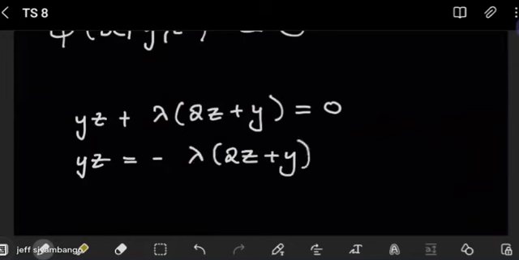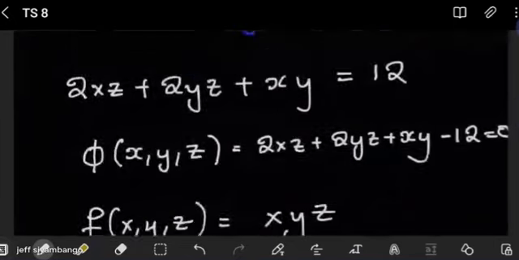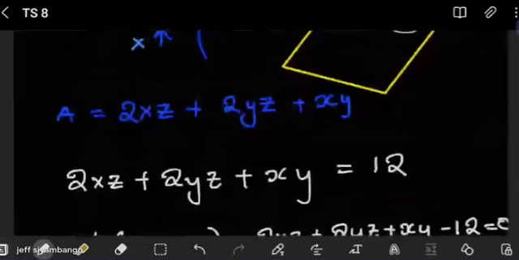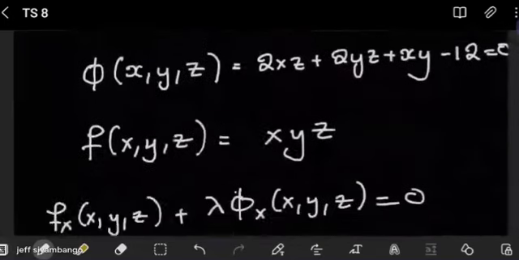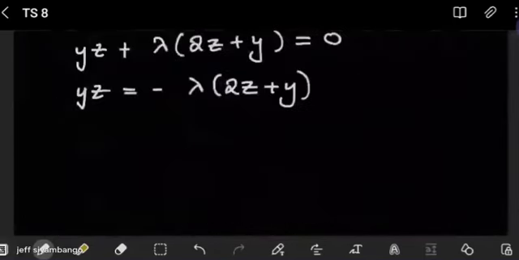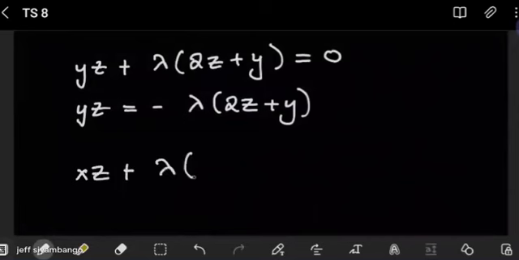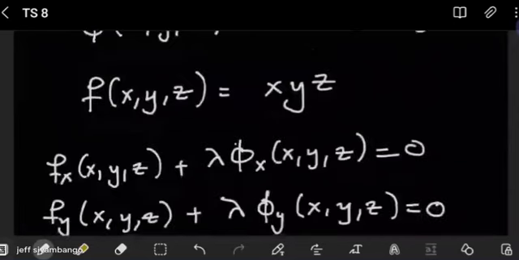What else do we have? Well, we can do the same thing for the others. Let's now get partial f, partial y. Partial f, partial y is going to be xz or zx. So basically, we're going to have xz plus lambda, and then the expression here for the constraint.